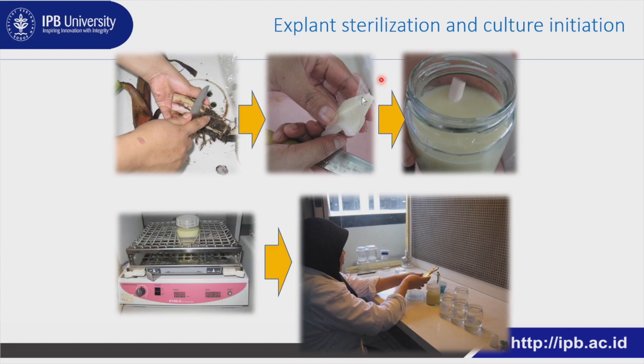You are already familiar with this, and we already showed you the video of this process. From this material, we peel one by one, and then we make a small cut, and after that we use chemical treatment to try to eliminate the pathogen.